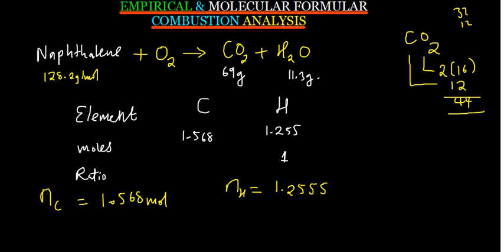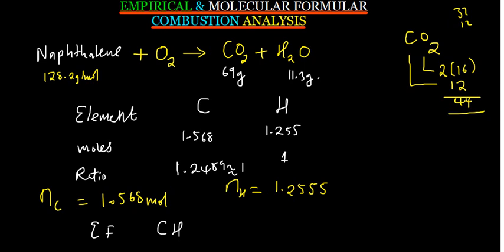Okay, we divide by 1.25. That is going to give us about 1.24. 0.89. Now for a number like this one, you can simply round off, meaning that the mole ratio is 1 to 1. Meaning that the empirical formula of this compound is CH.